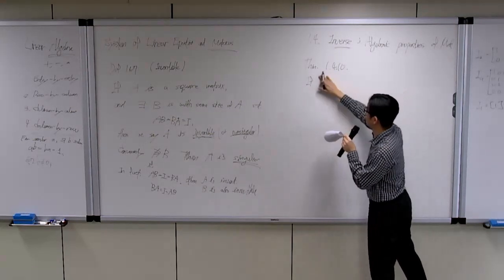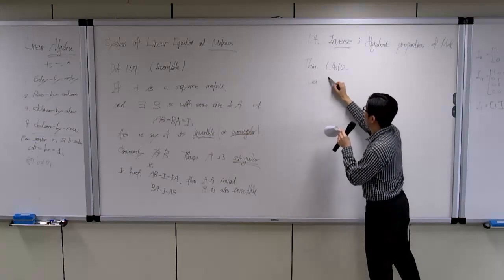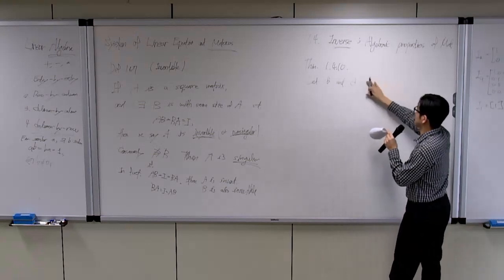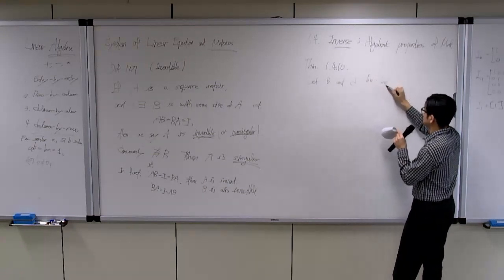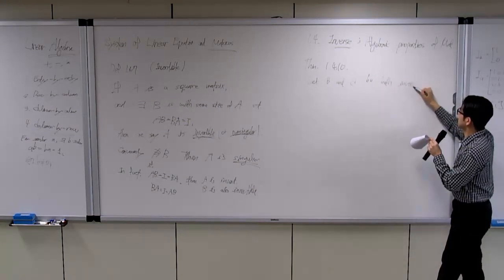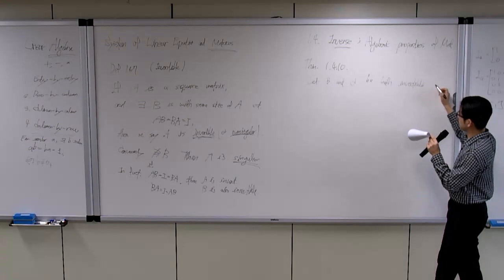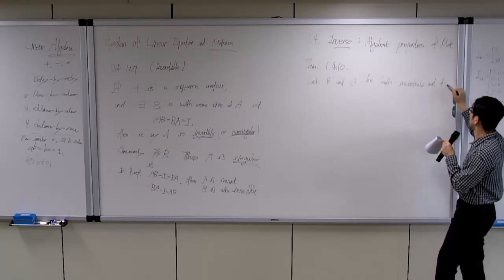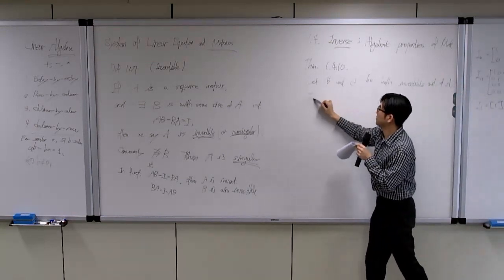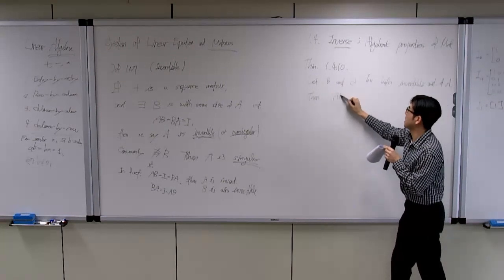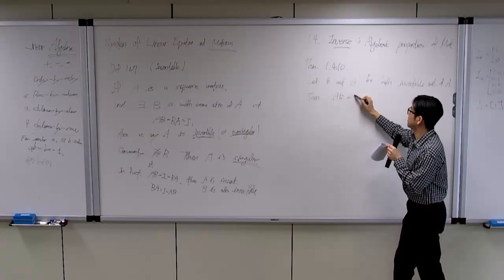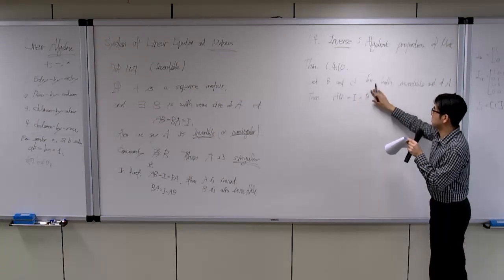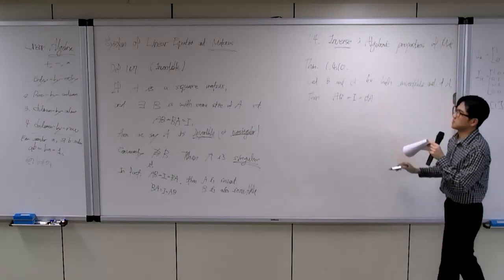So let B and C both be inverses of A, an invertible matrix A. Then AB equals I, and it also means CA is equal to I.